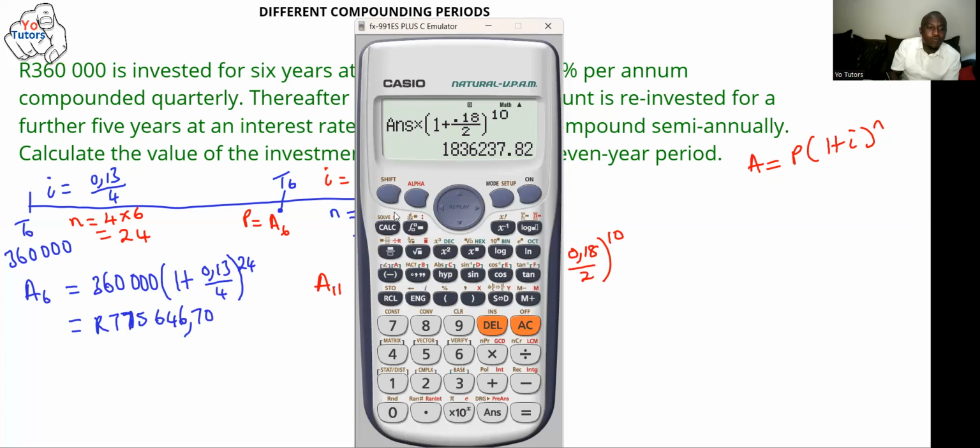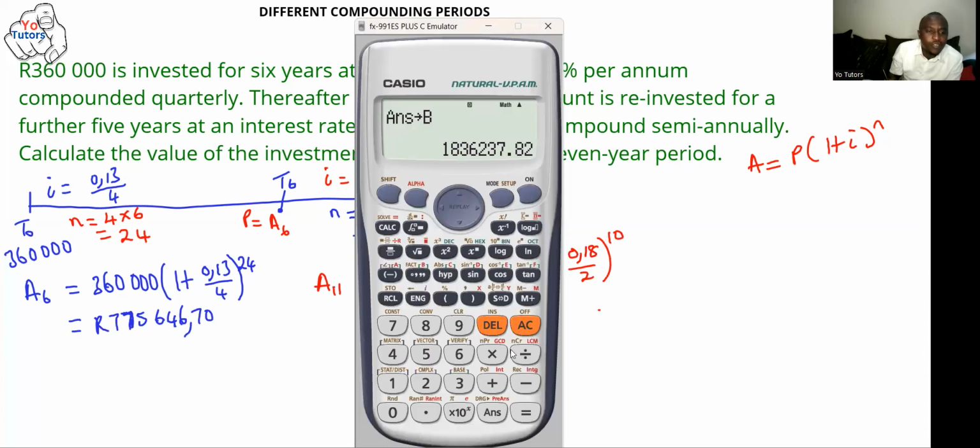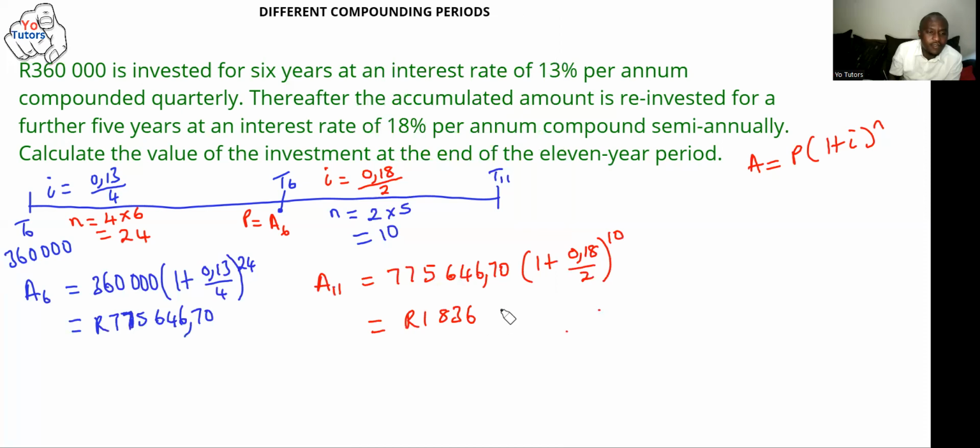Then you can say shift store B. So this is how you do it. It's 1,836,237.82. So that's our value there.